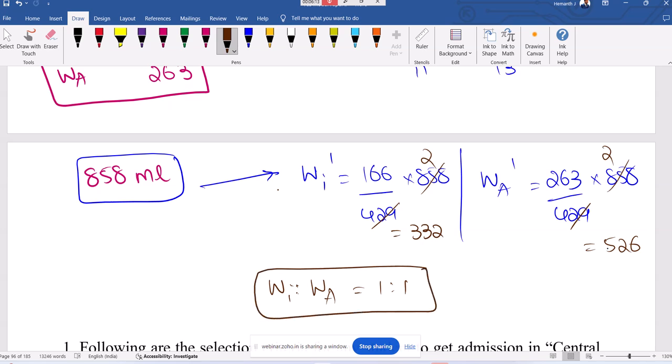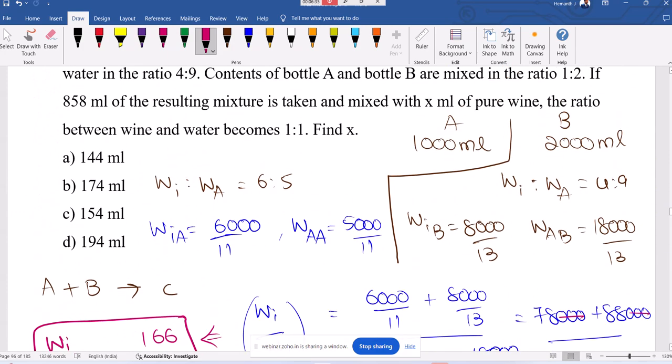This is 526, this one also should be 526. X is added to make it 526. What is that X value? It's 184. No, not 184, 194. Yes, X value is 194 ml. Pure wine should be added, then only it's 1:1.